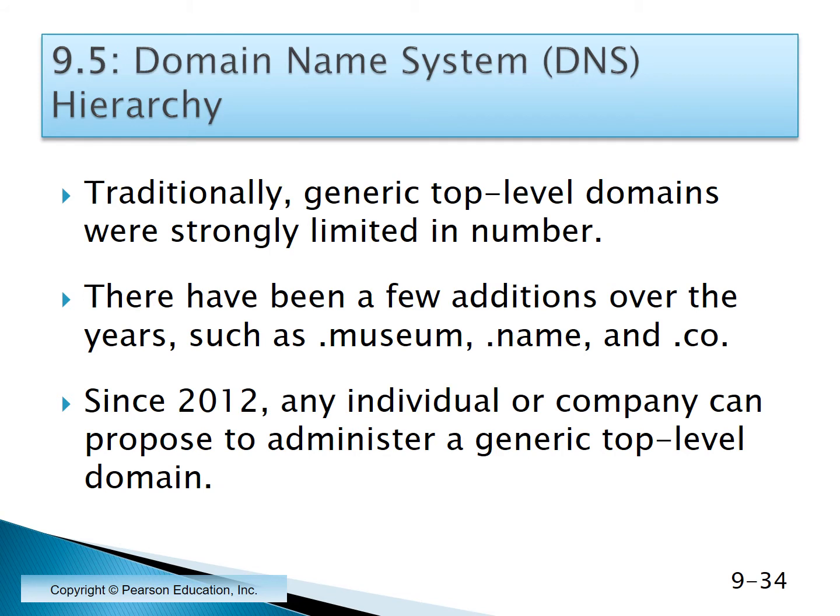Traditionally, I think before 2012, this kind of top level domain name was still very limited. But after 2012, they changed the rules. So any individual or company can propose to administer a generic top level domain name. So it has now become more diverse. There are other domain names that people can apply for and use.